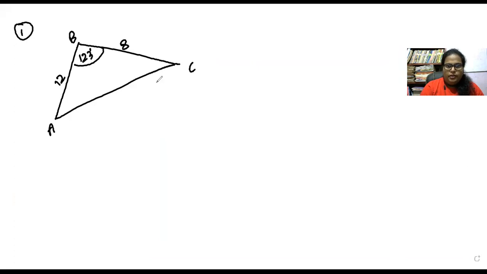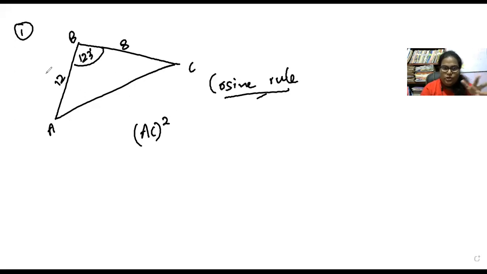So here to find the length of this AC, we can use the cosine rule, right? Because when I'm using the cosine rule for this triangle, I can write the cosine rule formula like AC square, because we know only two sides and one angle in this triangle, right?